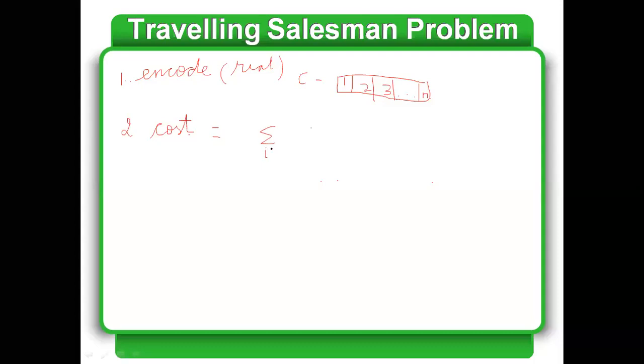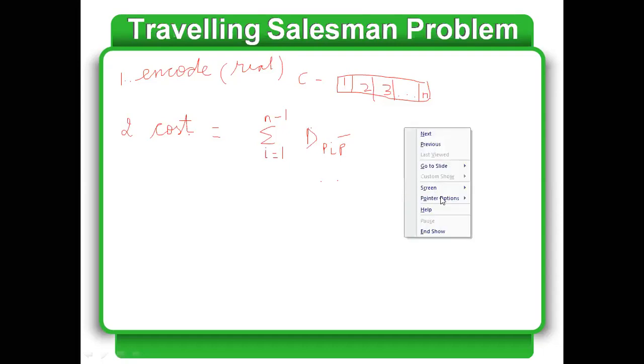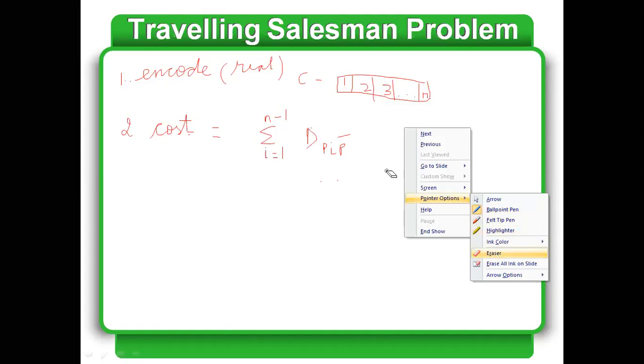So if n is the number of cities with i varying from 1 to n minus 1, for the pth city in question, this would be the distance between the pth city and its next city. Let me make the notation a little simpler.